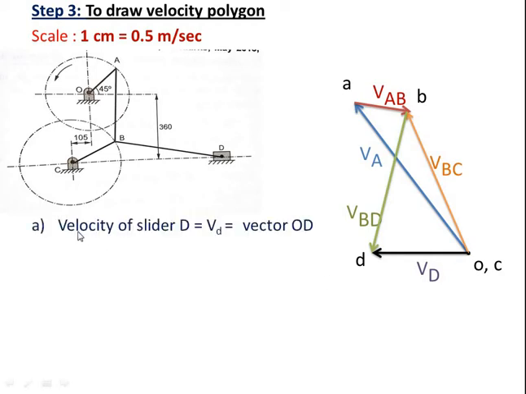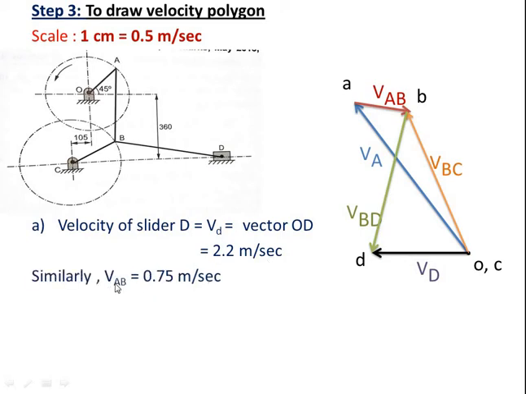Now it is asked to find the velocity of slider D. The velocity of slider D is equal to the velocity vector D, that is this OD. Measure this distance OD, multiply by scale, and it will give you the answer as 2.2 meter per second. That is the velocity of the slider.